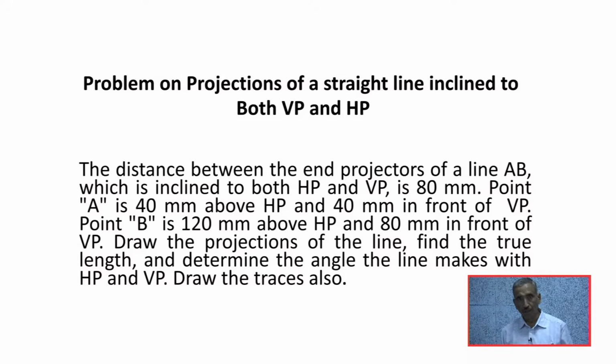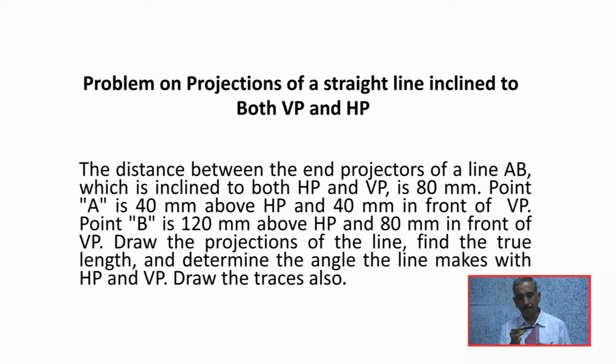That means we have to draw the front view and top view of the line and find the true length of the line AB and determine the angle the line makes with HP and VP. Draw the traces also. So this is the model and this is my point A, this is my point B. So this point A is in space which is 40 mm in front of VP and 40 mm above HP.